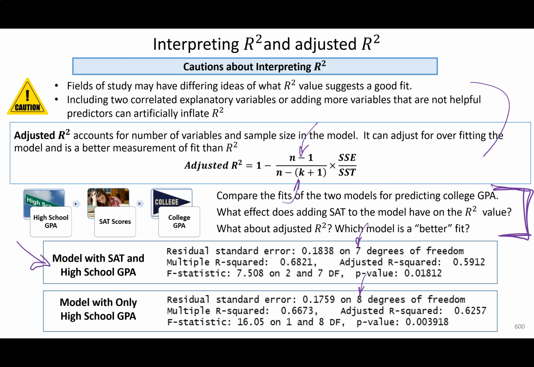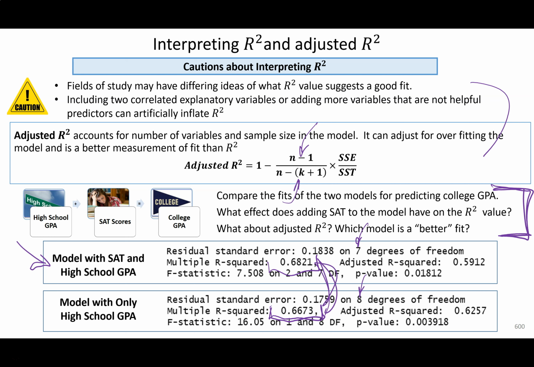From there, you're going to look at, what is my multiple R-squared? So 0.682. So about 68.21% of the variability in college GPA is explained by SAT and high school GPA. Versus if I only have high school GPA, 66.73% is explained by just high school GPA.